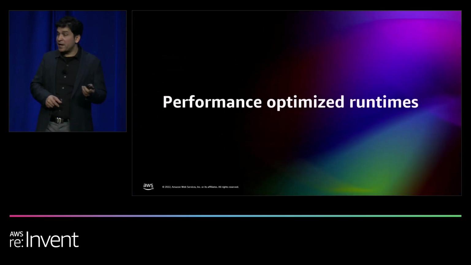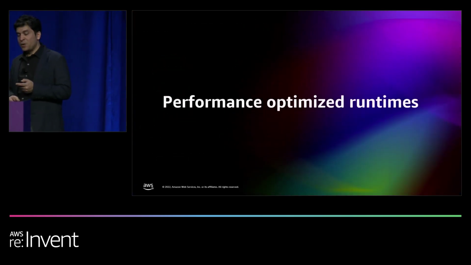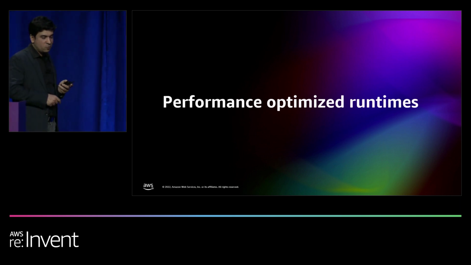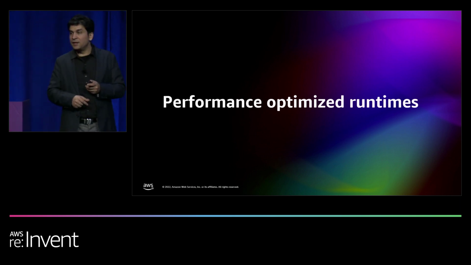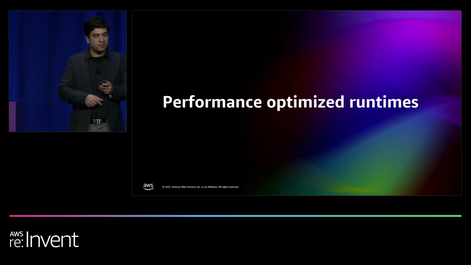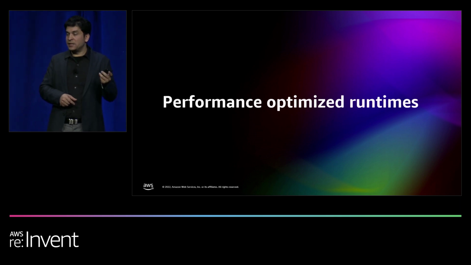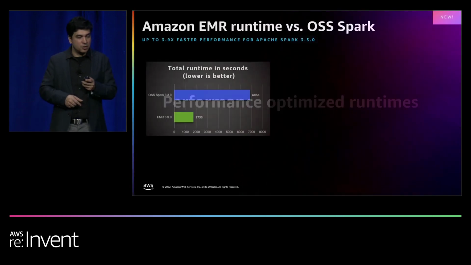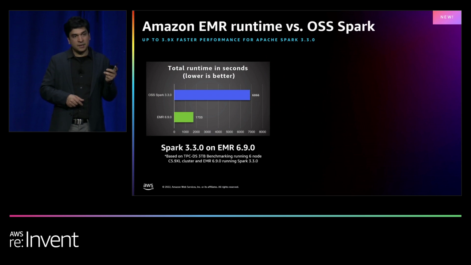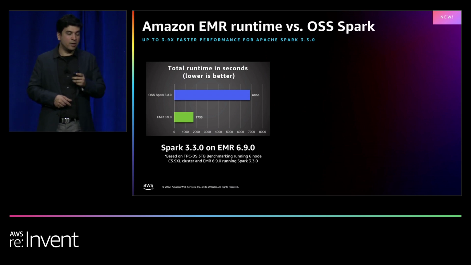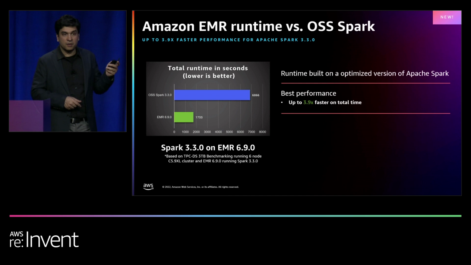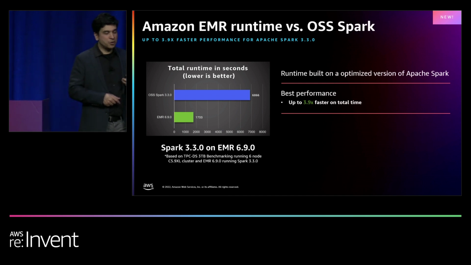Now let's have a look at one of the most important areas that we do a lot of work in, which is performance optimized runtimes. As I mentioned, Spark, Presto, Trino, Hive, they have 100% open source compatibility, but we have optimized runtimes. So with each release, we do a benchmark of open source Spark versus EMR Spark.